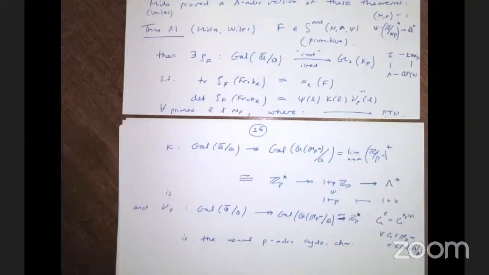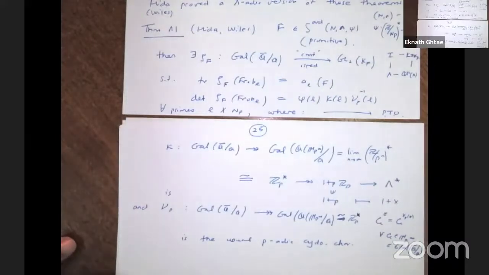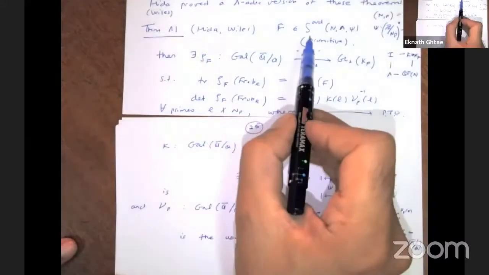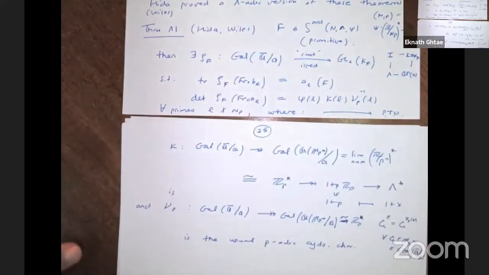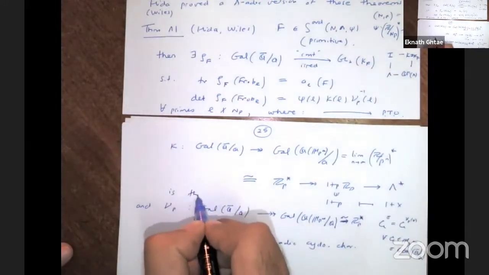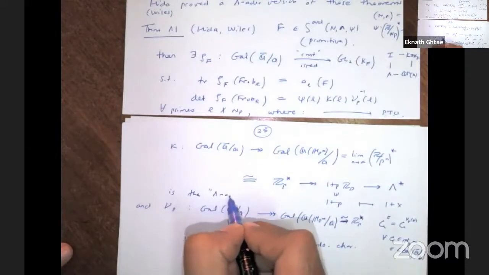There's a whole discussion with several remarks about the topology. But right now, you just worry about things algebraically. That's why I put the continuous here in quotes. But there is some sort of topology, and one can define it. So this is the usual p-adic cyclotomic character, and this is the lambda-adic cyclotomic character. Let me just give this a name, kappa.